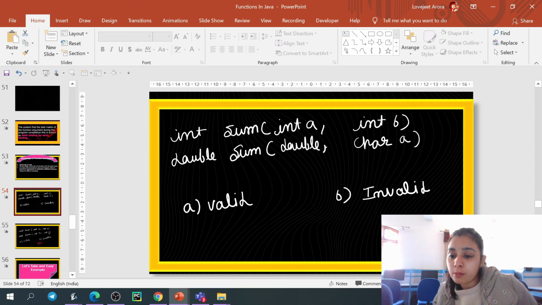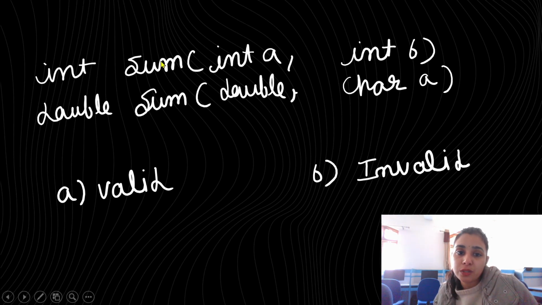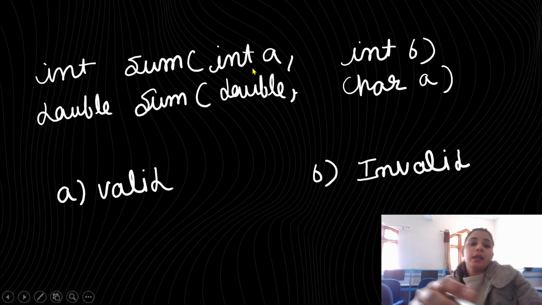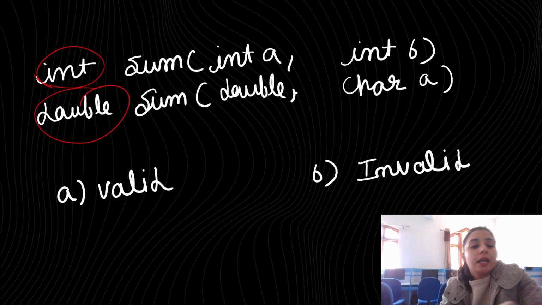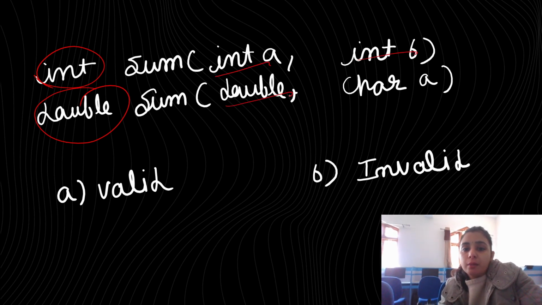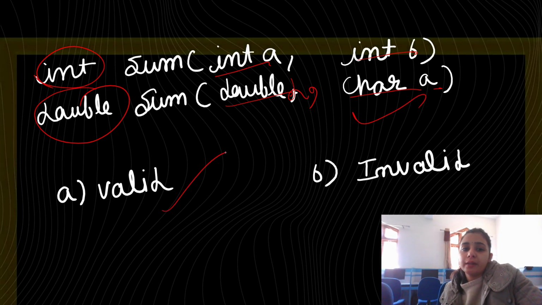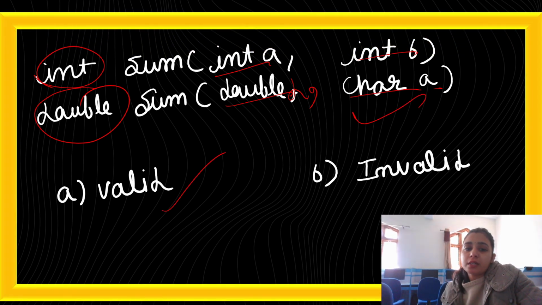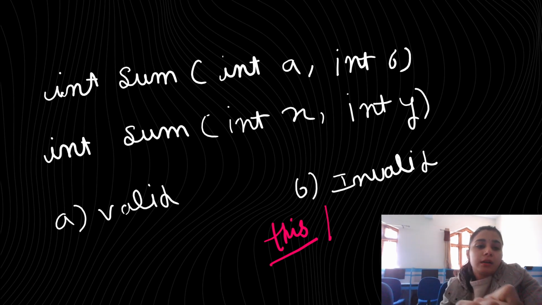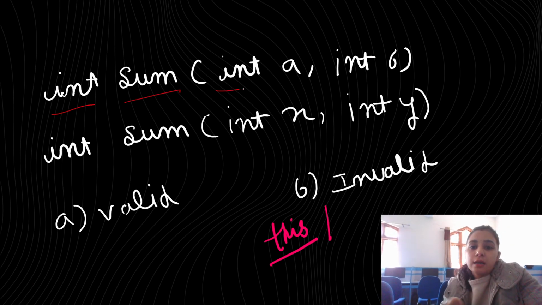So here some questions I have given, which one is valid and which one is not valid. The return type can be same or different, because the return type does not affect function overloading. Integer, double d comma char, so of course it is valid, right? Next you have integer sum, integer b, integer x, so that is surely valid, right?